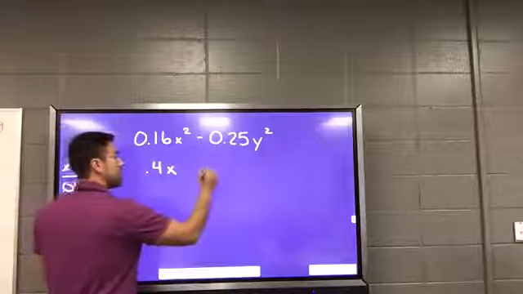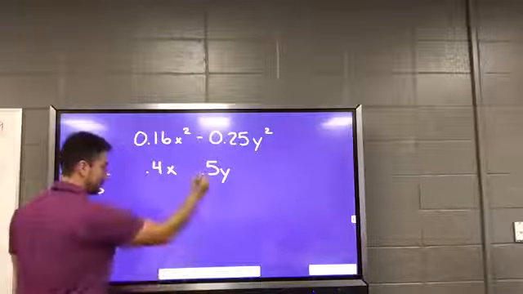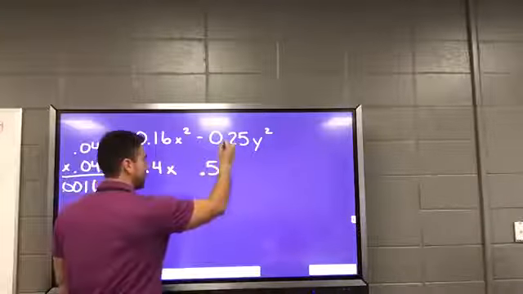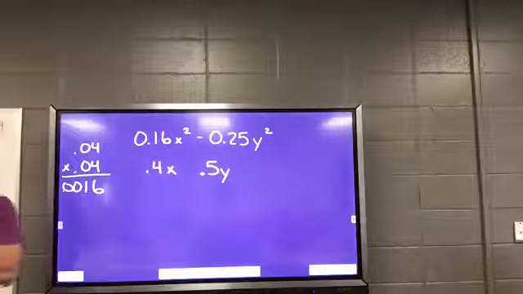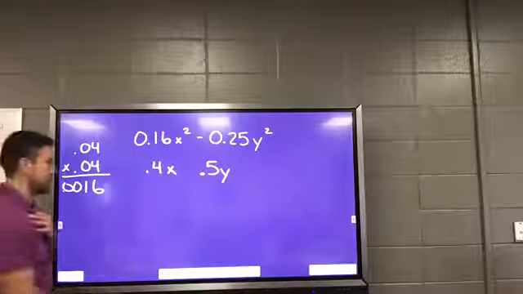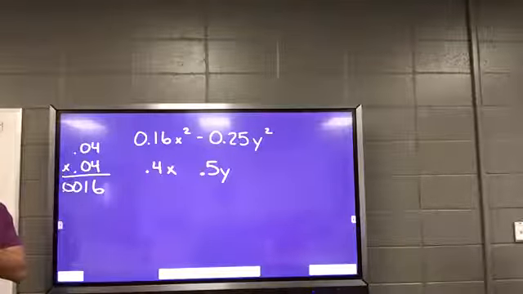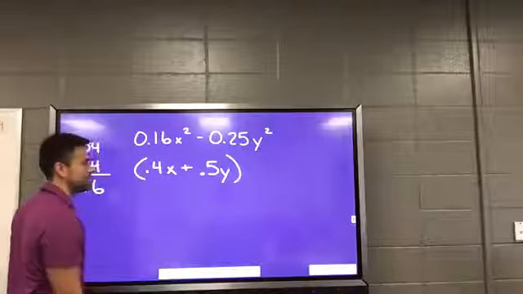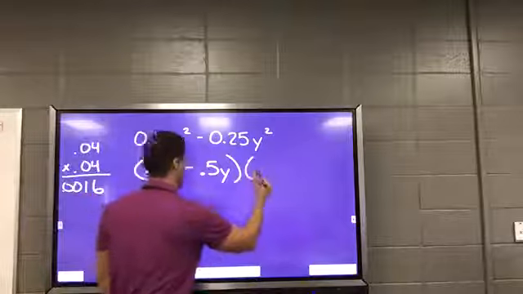It's 0.5y, not 0.05. And then how do I finish this answer off? Wyatt, this is not my full answer, so how do I get it? Plus. Plus sign? All right.